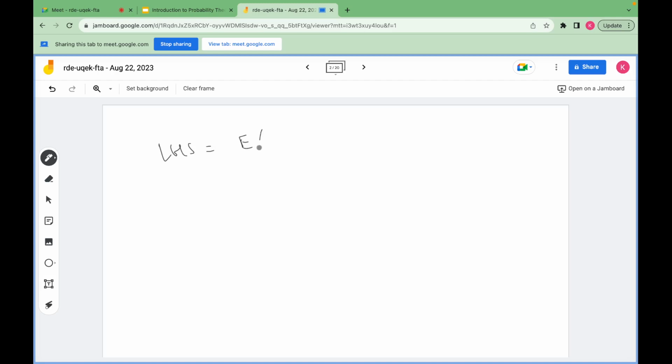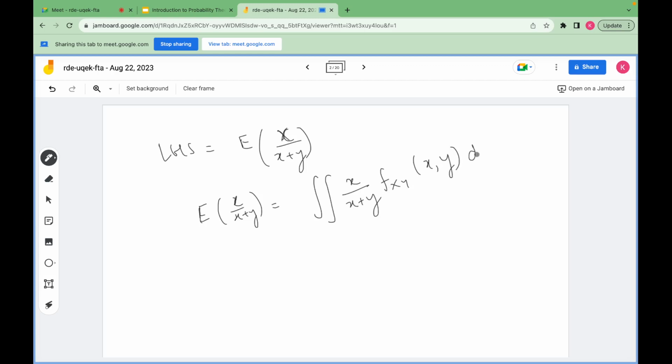LHS is the expectation of X upon X plus Y. This expectation can be calculated by the integral of X upon X plus Y times f_XY(x, y) dx dy, right?